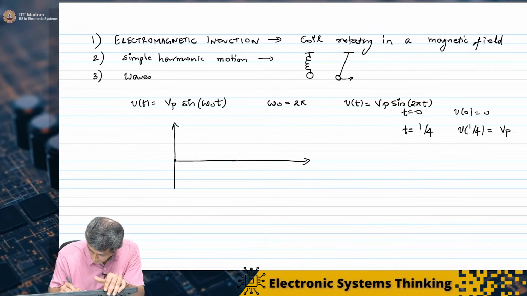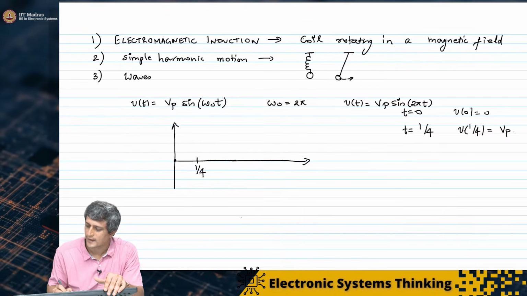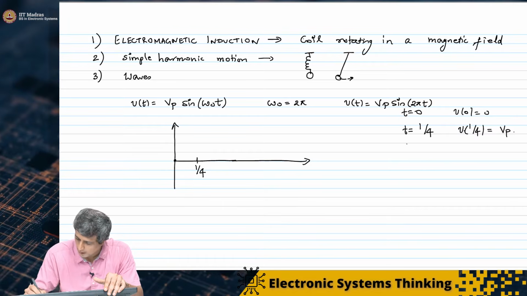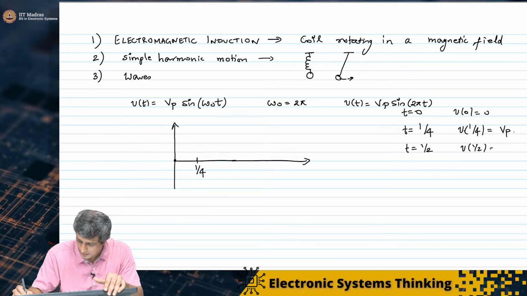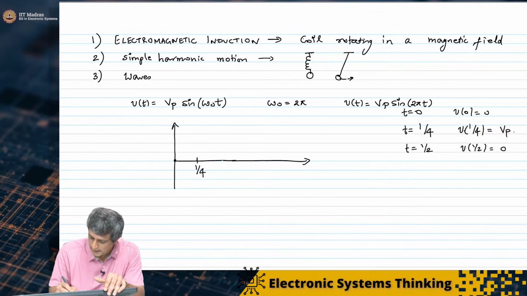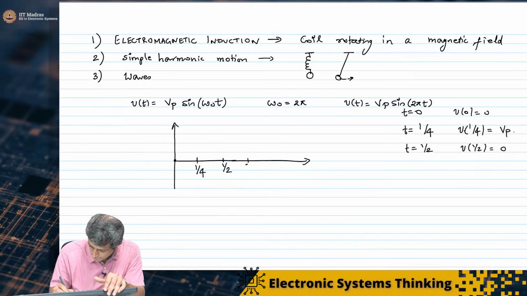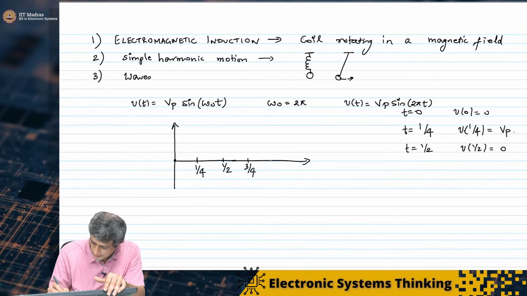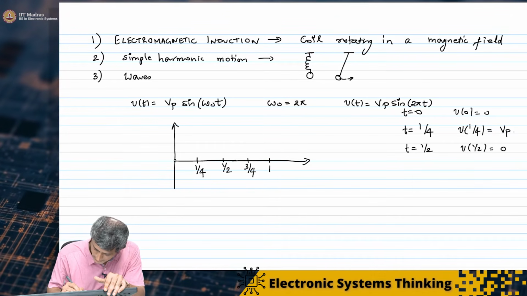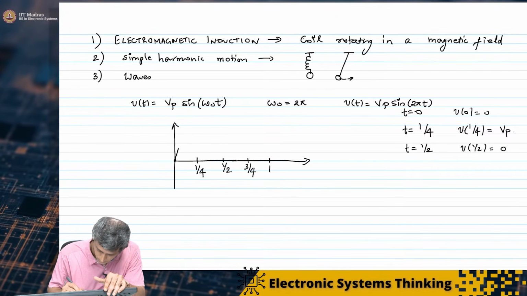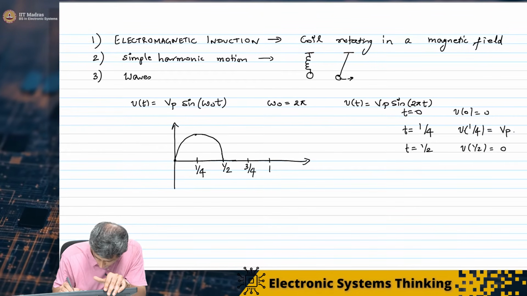So if you look at t equal to 1 by 4, and then when I look at t equal to half, you are back to 0 because it's sine pi, right. So this is t equal to half, and then I have 3 by 4, and then I have 1. Okay, so the waveform is going to go up to a maximum value. It will then come down.